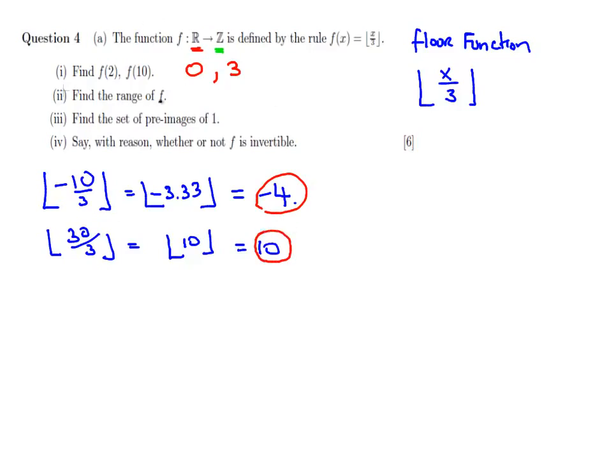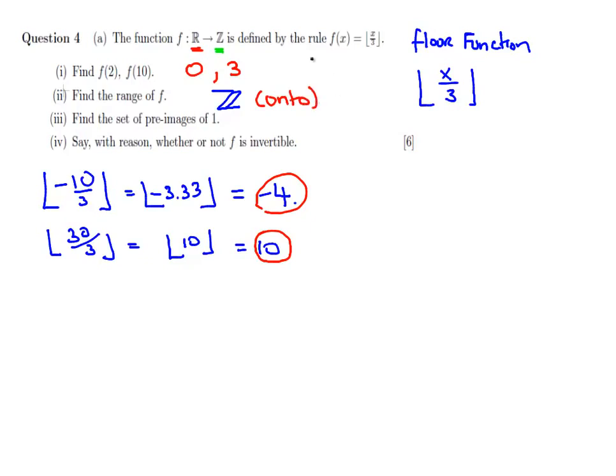So what we're saying is that the range is also any integer value. Just as a remark, the codomain and the range are the same. That's an important matter. It's not actually asked yet, but it means the function is onto.